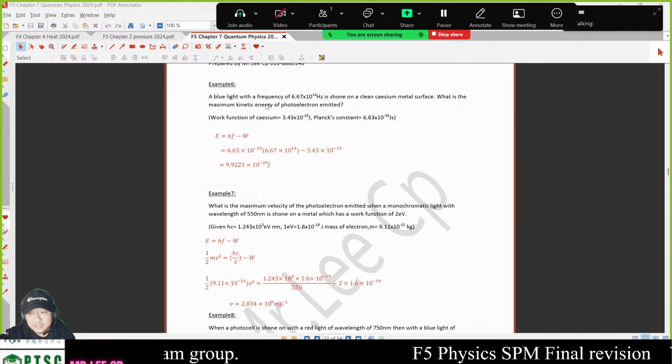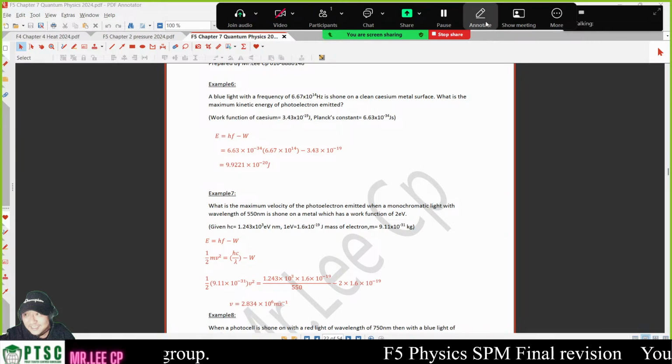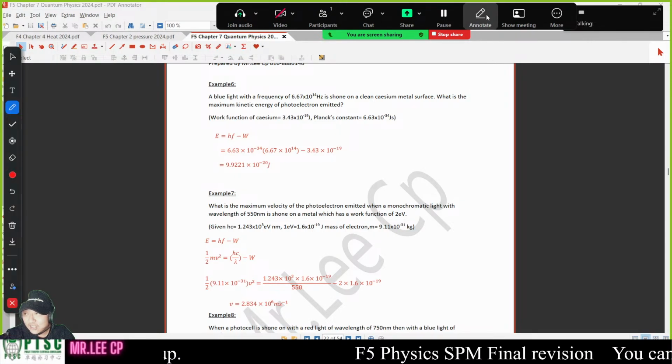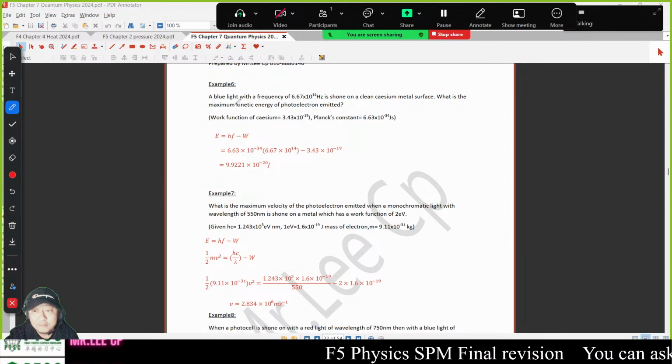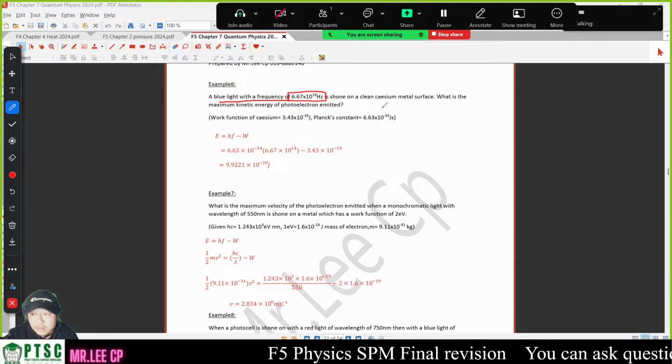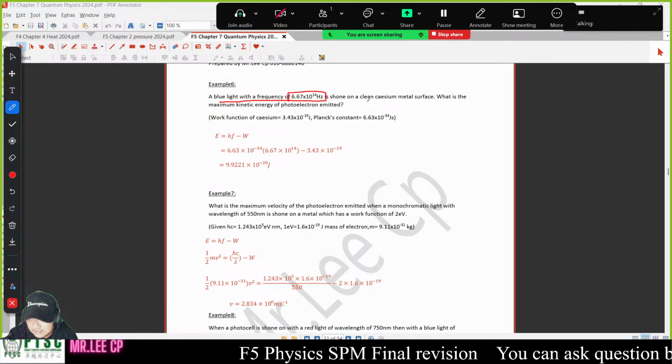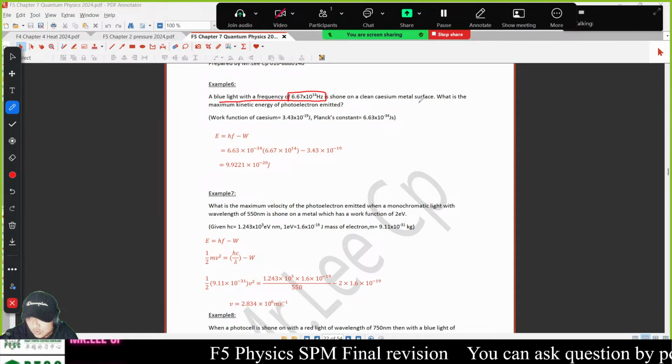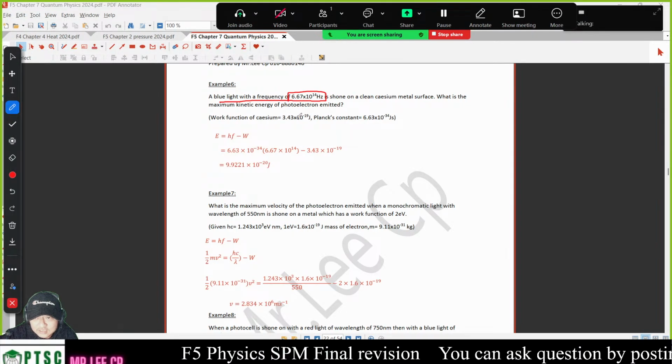Is it this one that you want? Okay, we try to have some examples. A blue light with this frequency shone on a clean calcium metal surface. What is the maximum kinetic energy?